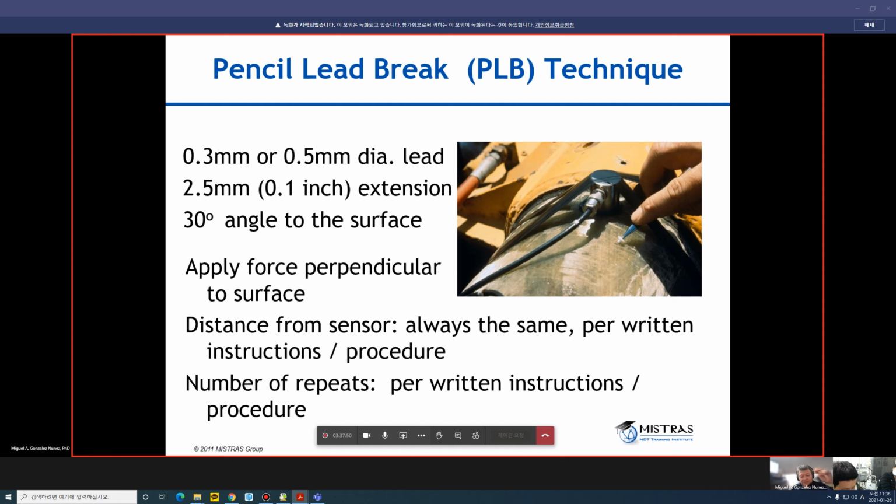So, when we break the pencil lead, let's say we get, I'm not sure this will happen or not, but let's say we get the amplitude of 80 decibel. Is it possible? Yes, it is possible.